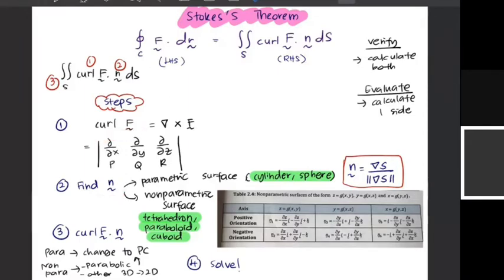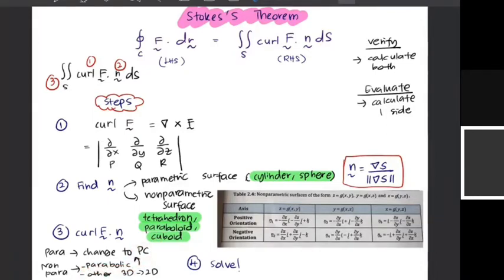After you do the dot product, for a parametric surface, you change to polar coordinates. For a non-parametric surface, for a paraboloid, you change to polar coordinates first. The paraboloid is a special case.